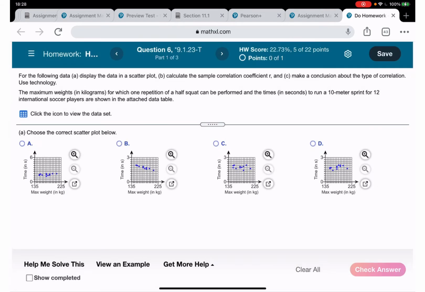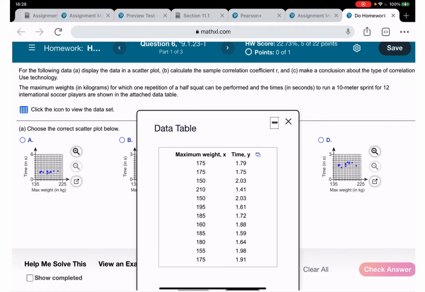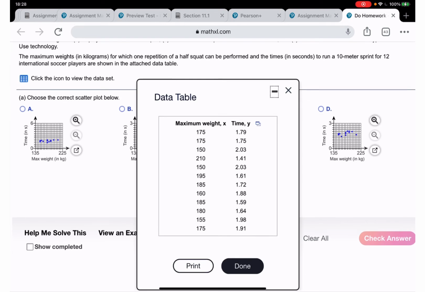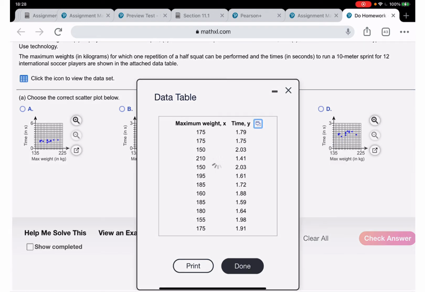Next question. The following data, display in a scatter plot. Calculate the sample correlation coefficient. Make a conclusion. Okay, we need to choose the correct scatter plot below. I'm not going to guess here anymore because it's kind of mixed. So we are going to open StatCrunch.